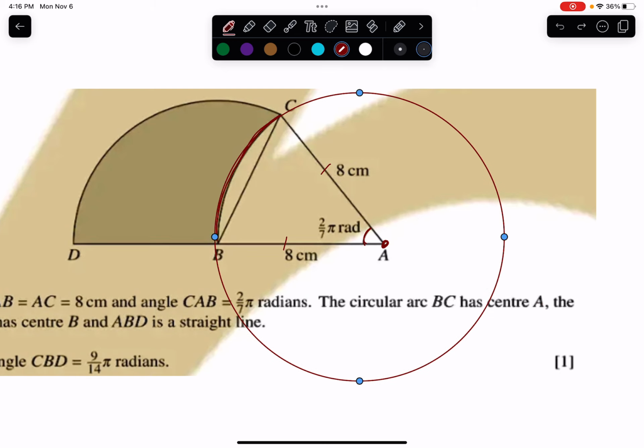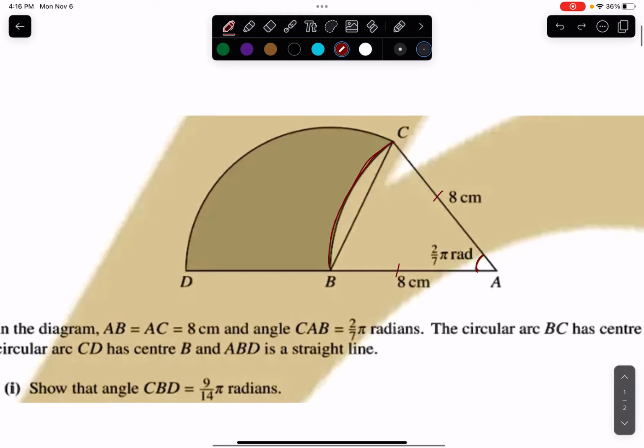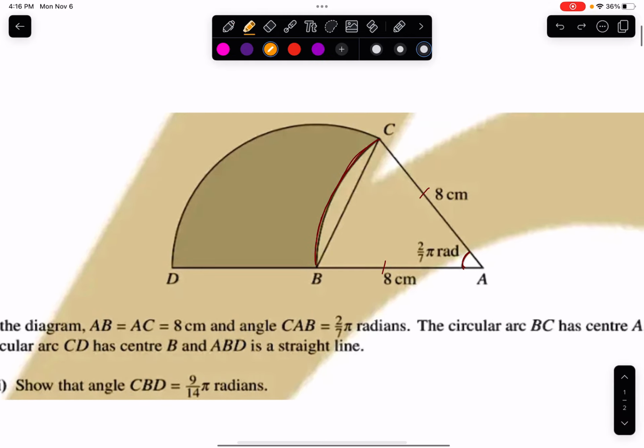And then it says that the circular arc CD, so this arc right here, has a center at B. And ABD is a straight line.